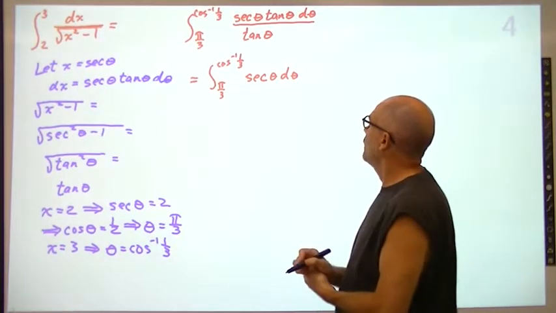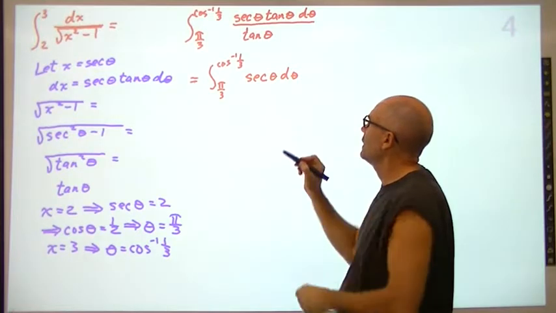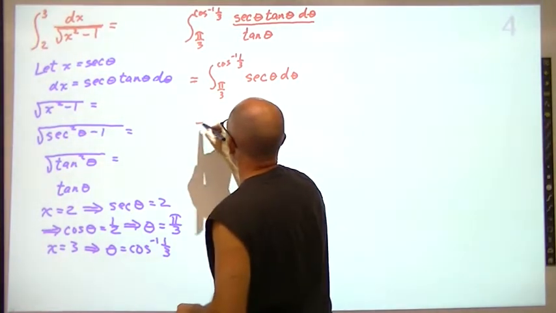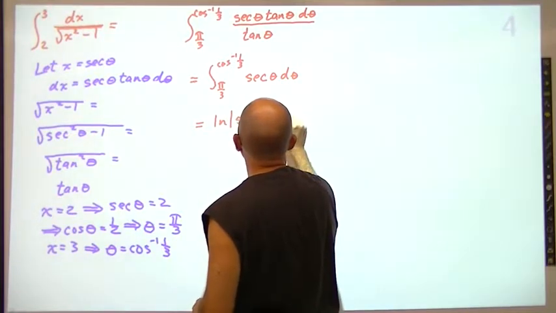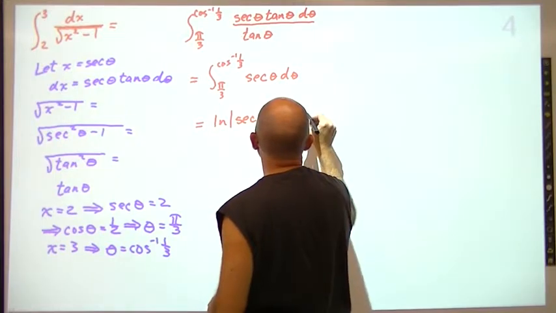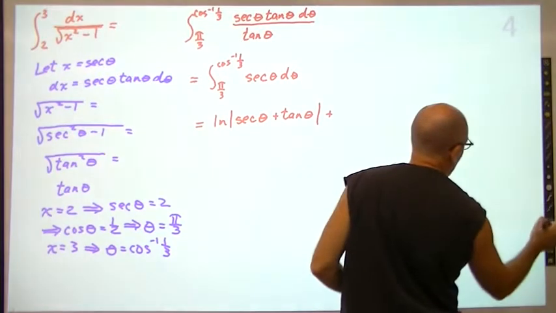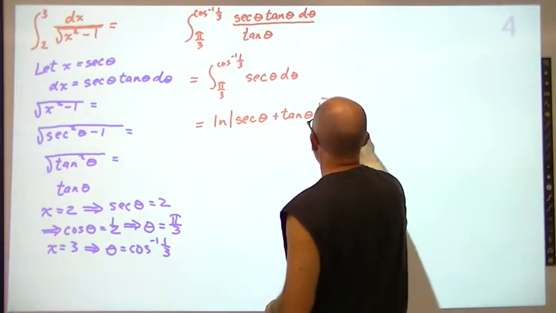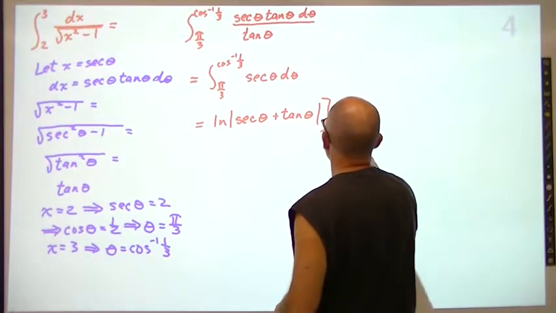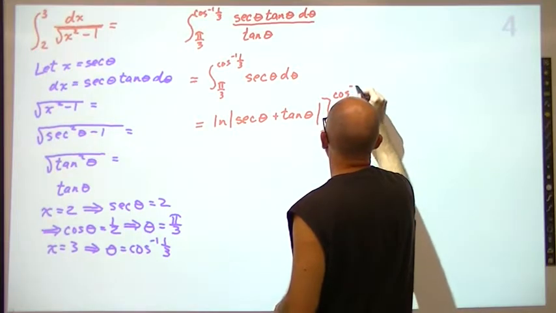Now, the integral of secant theta is, you guys memorized this already, natural log of secant theta plus tangent theta. Oh, and we don't need plus c. What the heck was I thinking? Because it's a definite integral, and we're going from pi over 3 to inverse cosine 1/3.